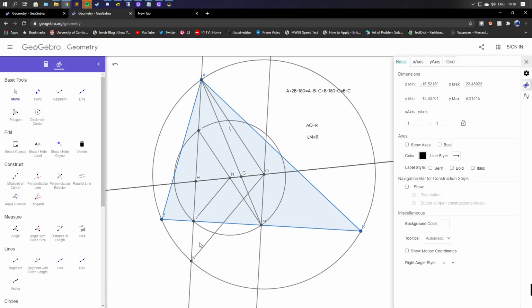And now we want HDN to be B minus C, but that's only true if that's a straight line, and we have not proven that yet. I feel like I'm being really stupid about this.